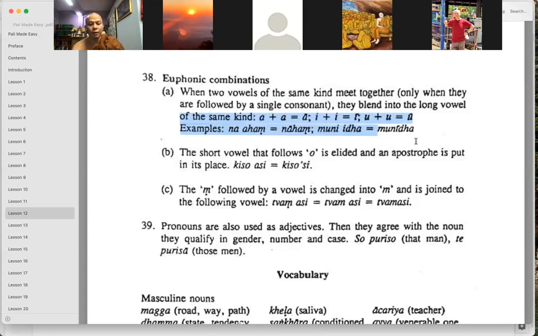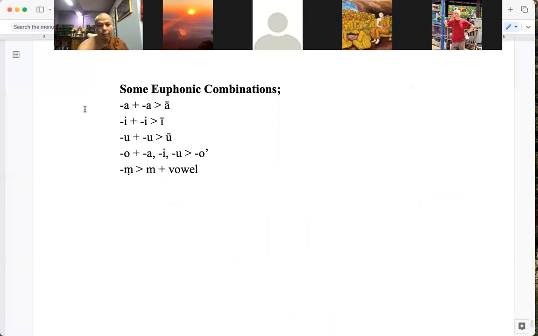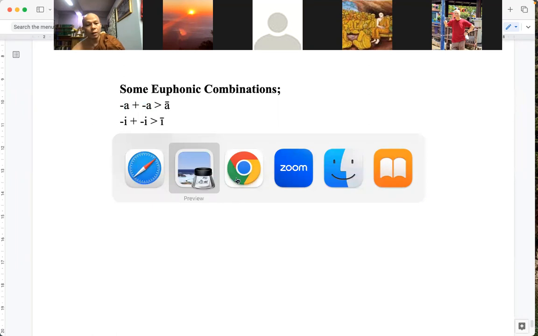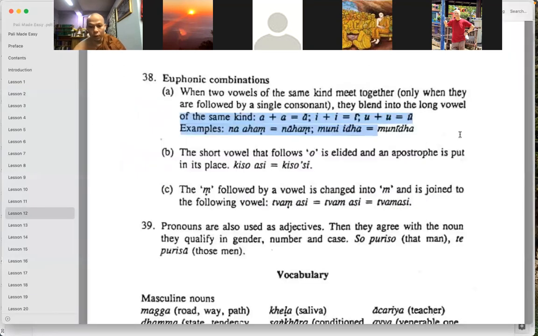Okay, so that is in my note. Two short A vowels are replaced by one long A vowel. Two short I vowels are replaced by one long I vowel. Two short U vowels are replaced by one long U vowel. Okay. For the U, no example is provided, but later we can see.